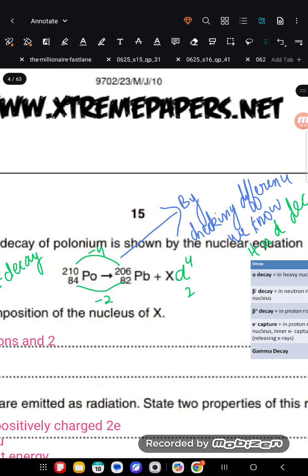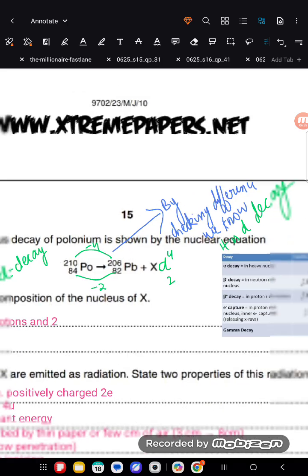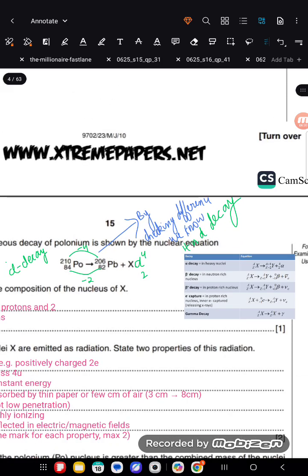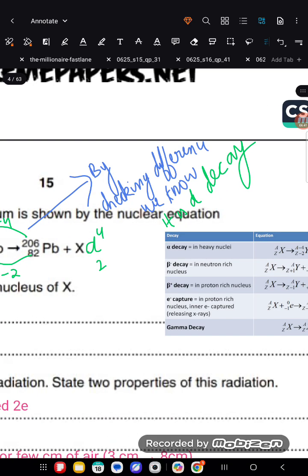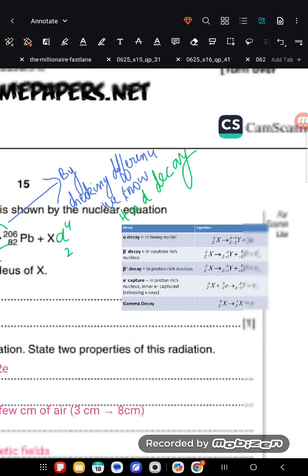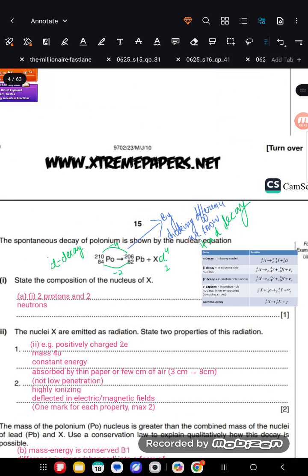This is -4 and this is -2. This is -4 and -2. It's decreasing, right? So in alpha decay only we know it decreases, right? This is 210, it became 206, and this is 84, it became 82. So we know this is alpha decay. So that's why we wrote this 4 and 2.